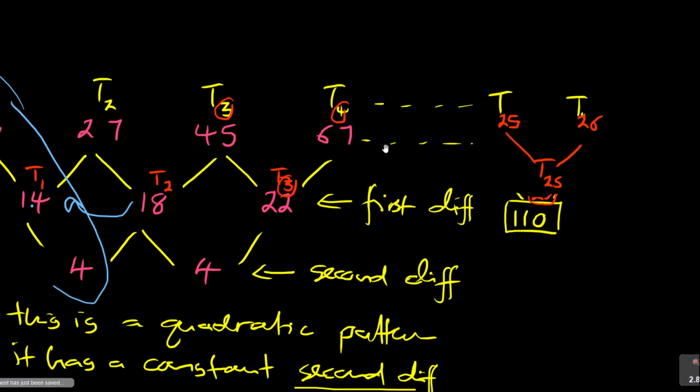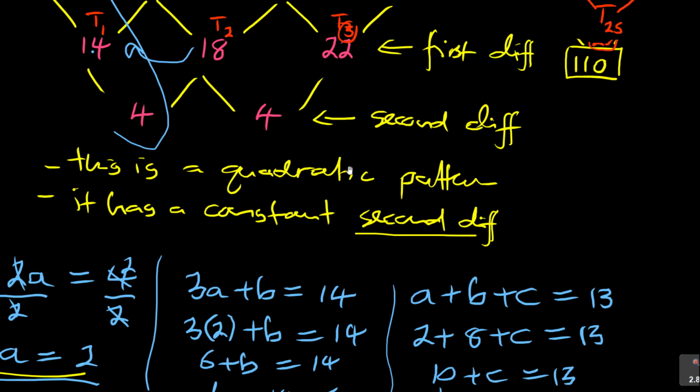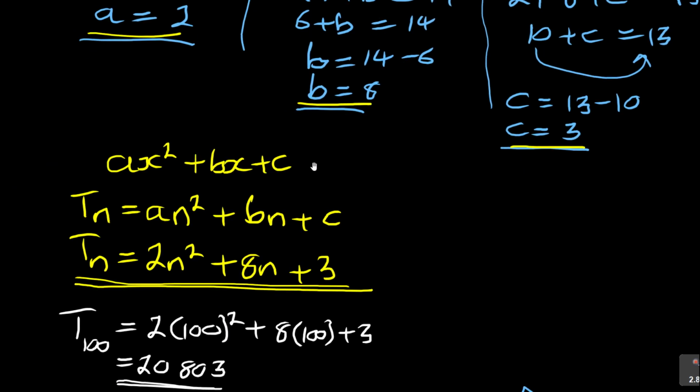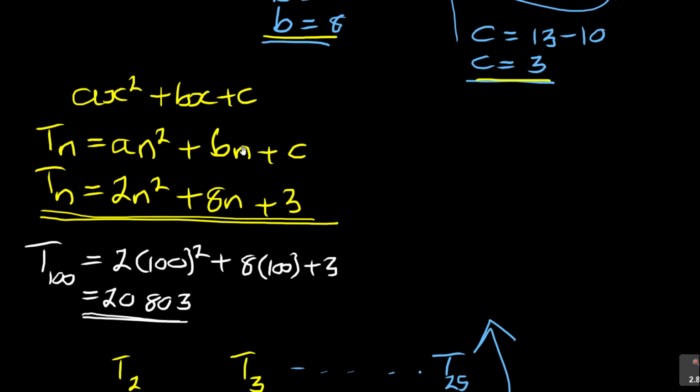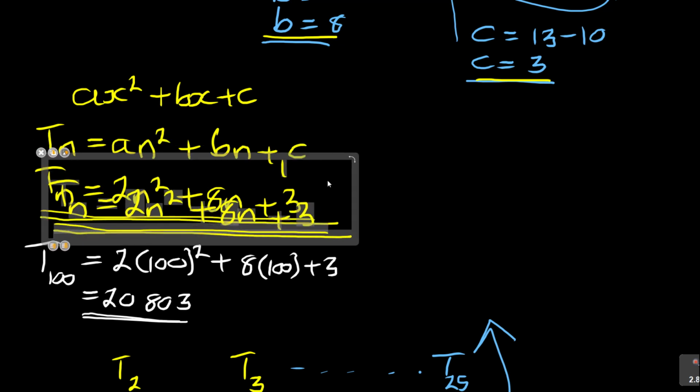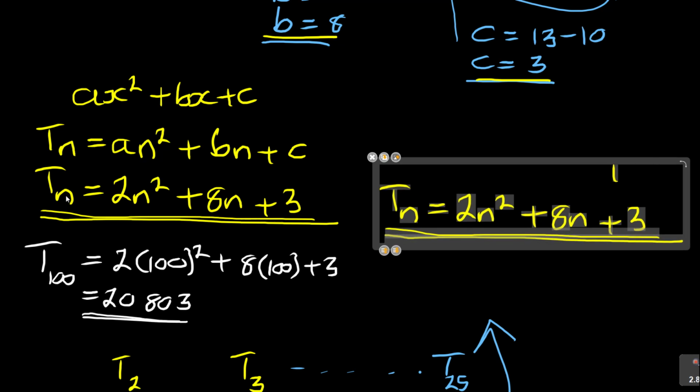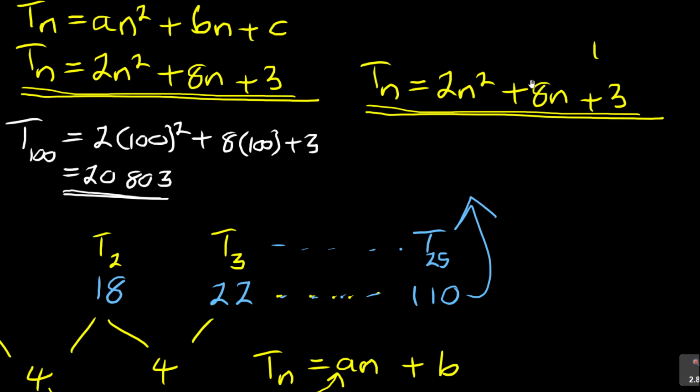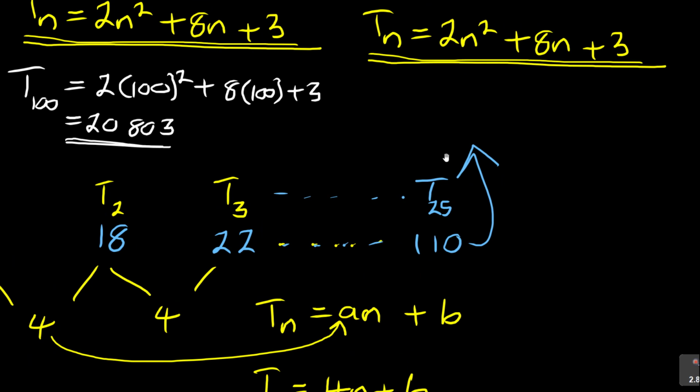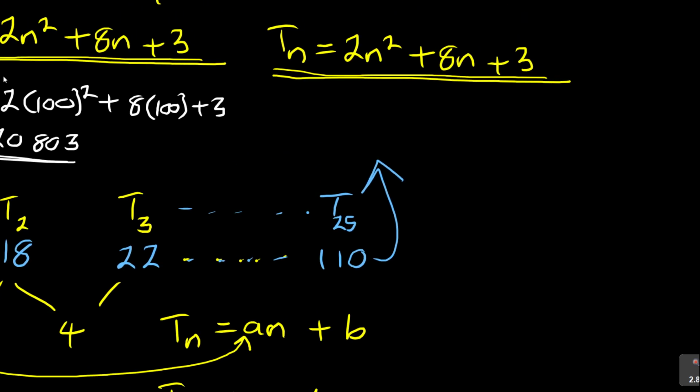Then it's a matter of going to find T25 and T26. I go to my general equation here. This one, that's what I'm looking for. If I can duplicate this equation, then I take this equation and bring it here.